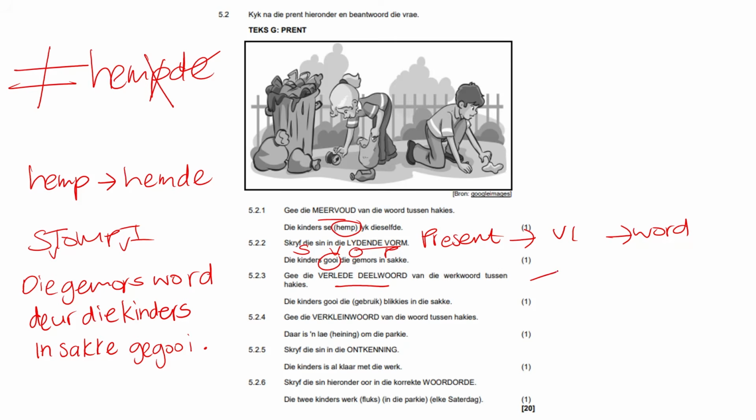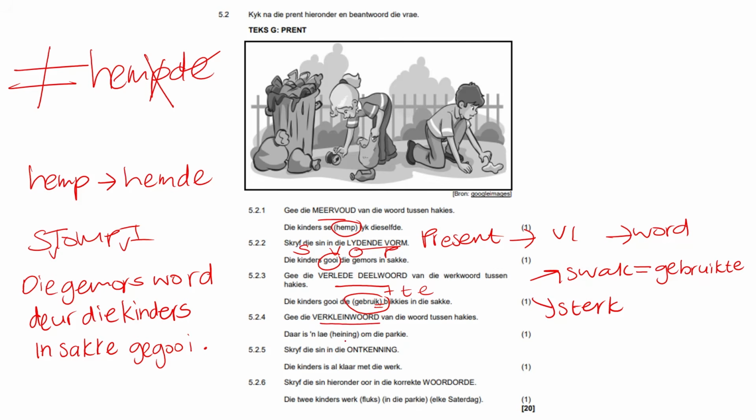But there is a video on that, so you can go check it out. So we have to change gebruik to a verlede deelwoord. Gebruik ends with a K. Look at the ending. So when your word ends with a K, as a verlede deelwoord, you're going to add a T. So what happens is we have here a swak verlede deelwoord. Gebruik will become gebruikte.